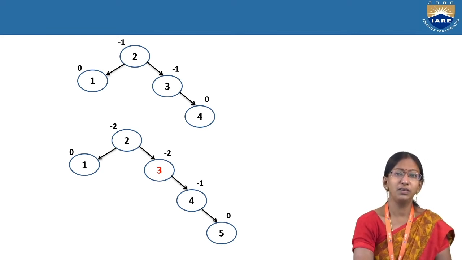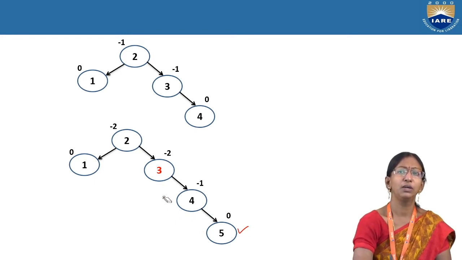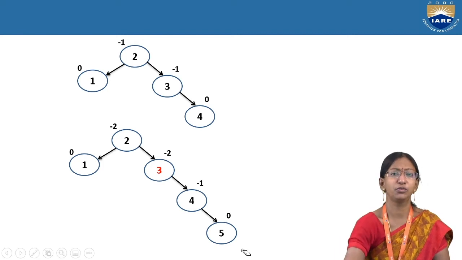What is the node which is newly inserted? 5. Okay. Now search for the node which is nearer to 5 and which got imbalanced. So if you travel towards the root, you will find 3 as the first node which got imbalanced because of 5. So try to give justice to 3.